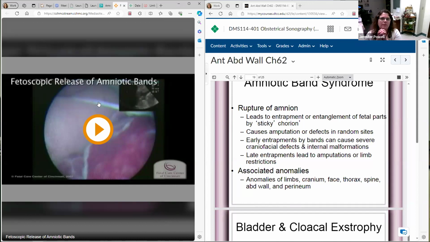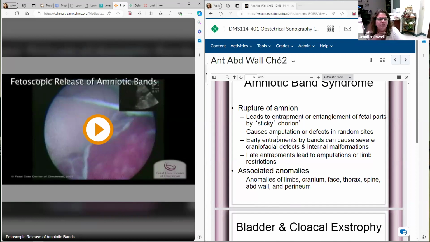The body part could be a finger, a toe, an arm, the umbilical cord. If it cuts off circulation to the umbilical cord, then you're going to have fetal loss. But the chorion is apparently sticky, so it causes amputations or random defects in random sites.